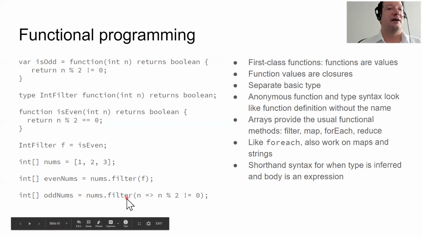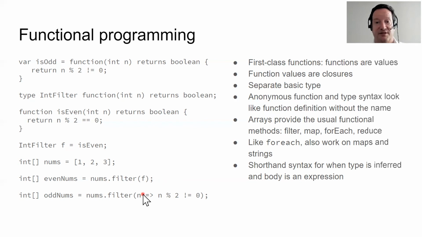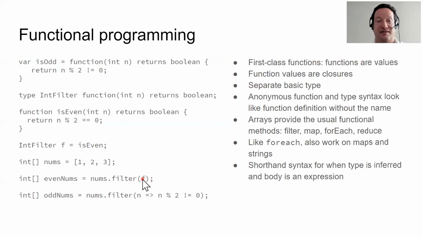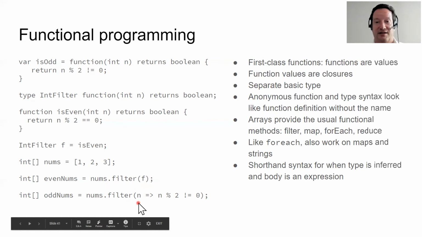And then we also have this syntax, which is for anonymous functions. Again, this is a kind of type inference. Here we're not specifying the types of the parameters or return types, but I'm doing filter on an array of ints. So I know that the argument type for the function is int, and I can infer the function type that I expect.